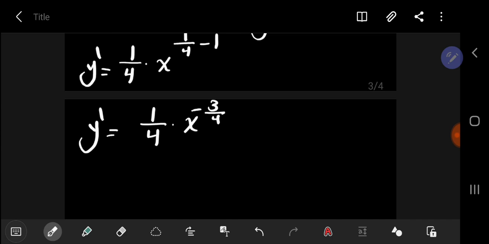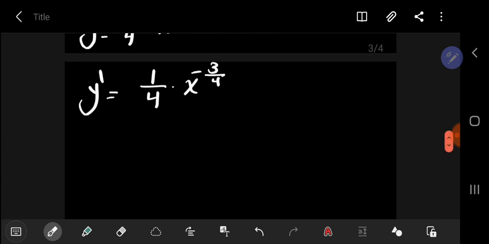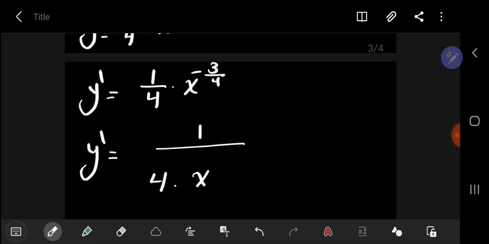If I want to get rid of the negative exponent, I move the variable from numerator to denominator.